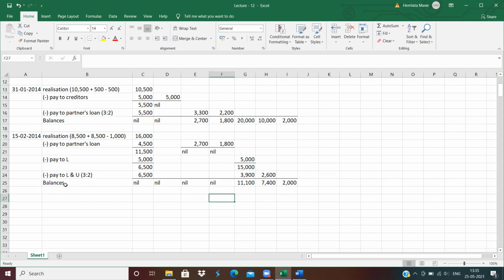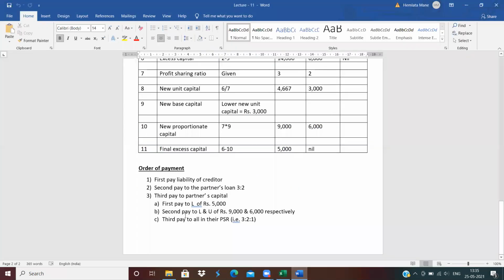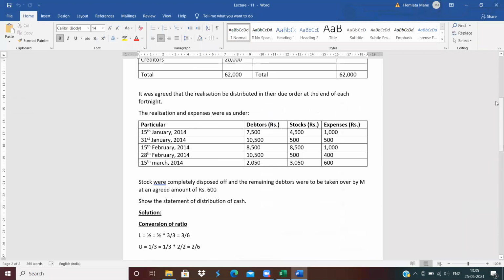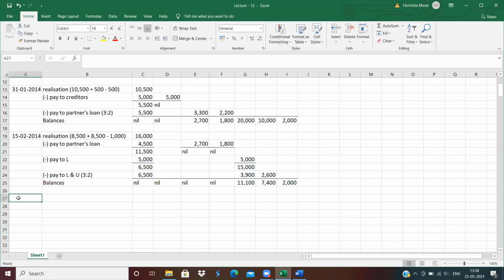Now next realization. The next realization in the question is 20th February 2014. So write down 20th February 2014, realization. How to calculate the amount?